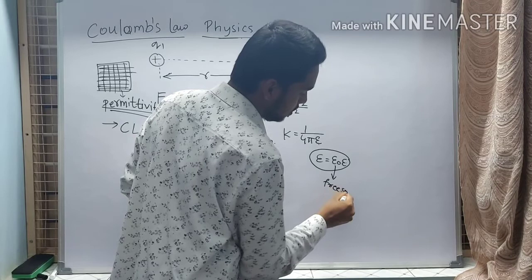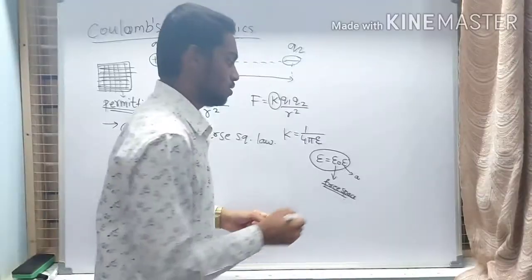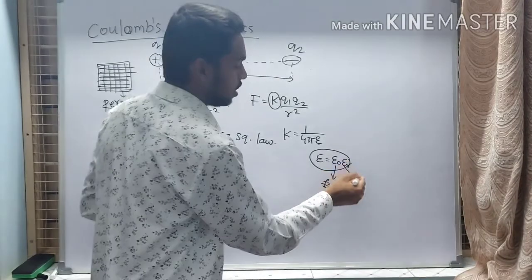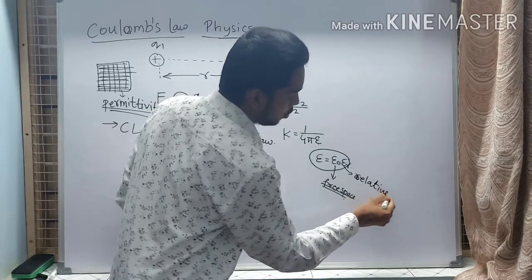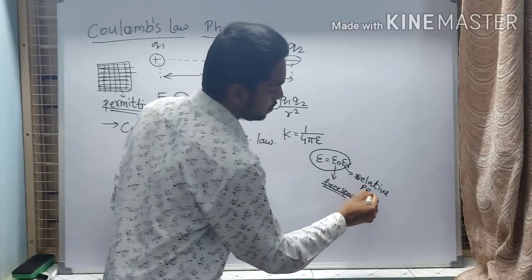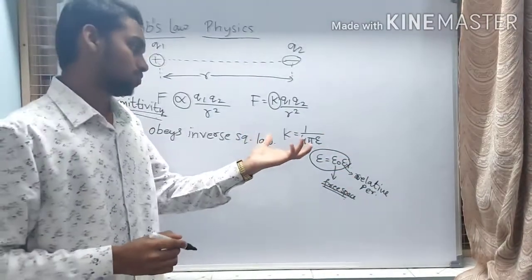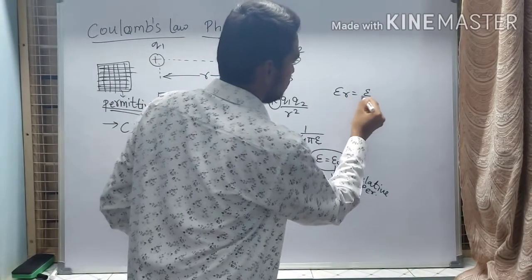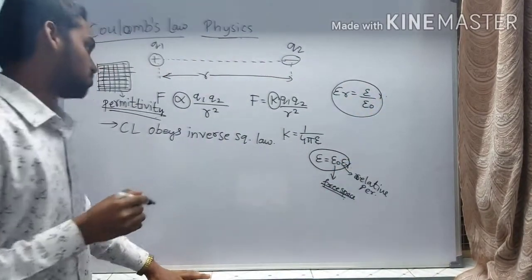Epsilon naught is the permittivity of free space. There is no medium. And epsilon r is nothing but the relative permittivity. Relative permittivity means comparing the permittivity of one substance with the permittivity of the substance in free space. So relative permittivity can be written as epsilon divided by epsilon naught.